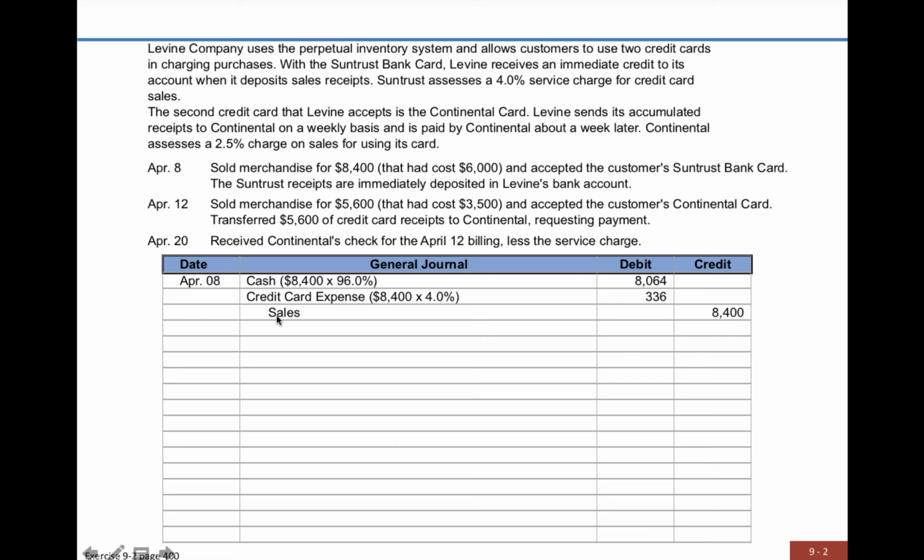So inventory needs to go down and cost of goods sold needs to go up. And it's telling us already what the amount is. That's $6,000, which is right here. So the second half of this is going to be cost of goods sold, a debit to that, which causes it to go up for $6,000. And a credit to merchandise inventory also for $6,000.